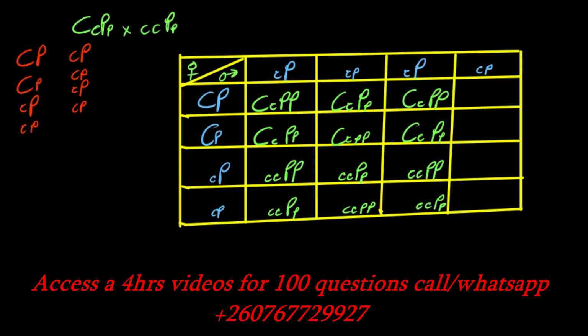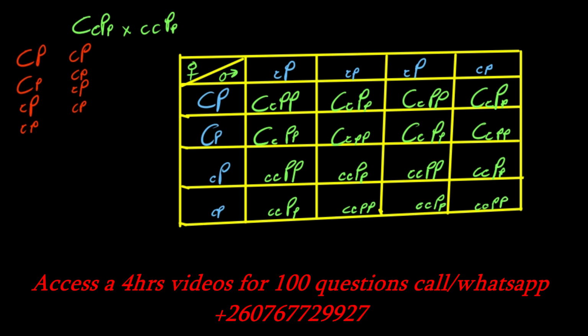Then in the last column we have capital letter C, small letter c, capital letter P, small letter p. Then capital letter C, small letter c, small letter p, small letter p. Then C, c, capital letter P, small letter p. Then we have C, c, small letter p, small letter p.